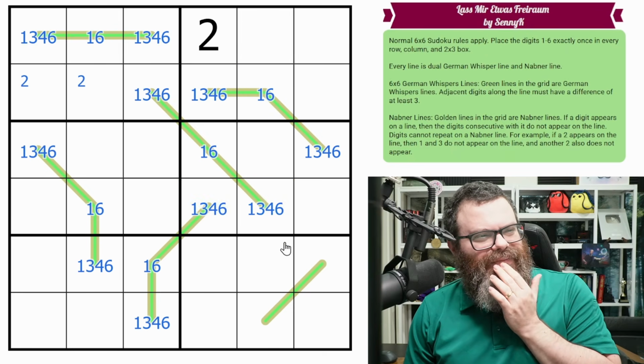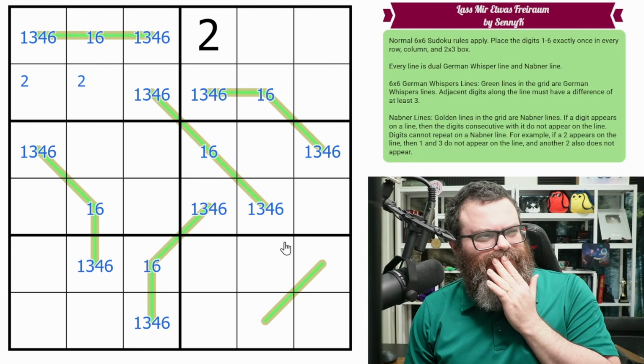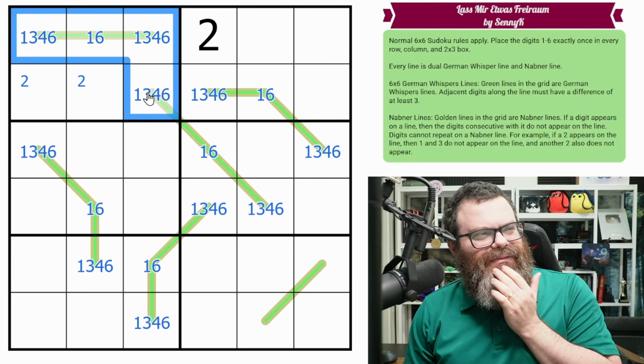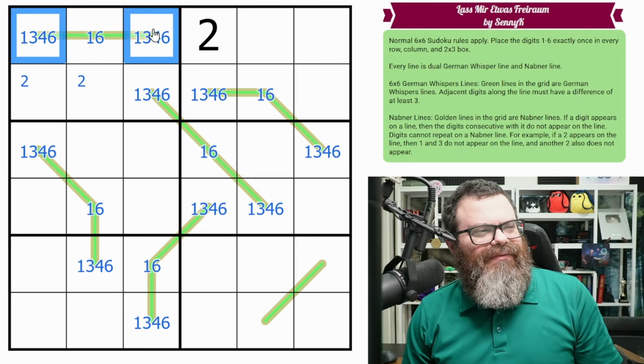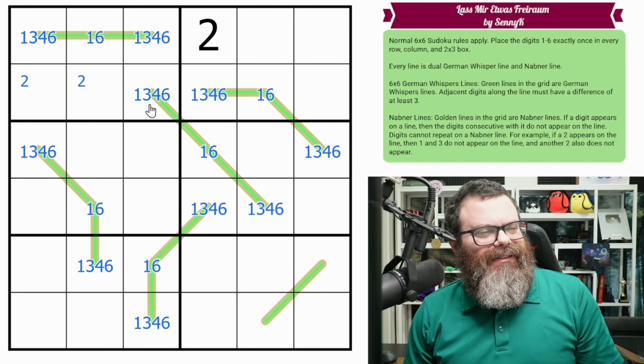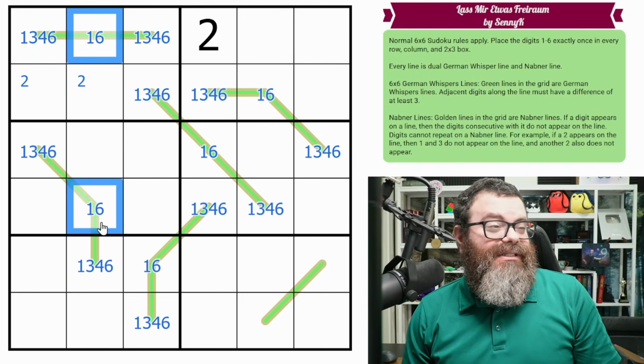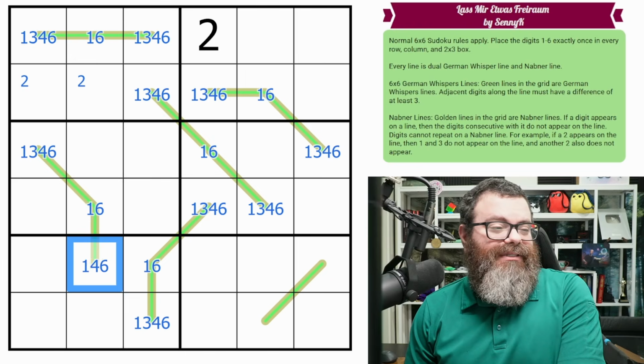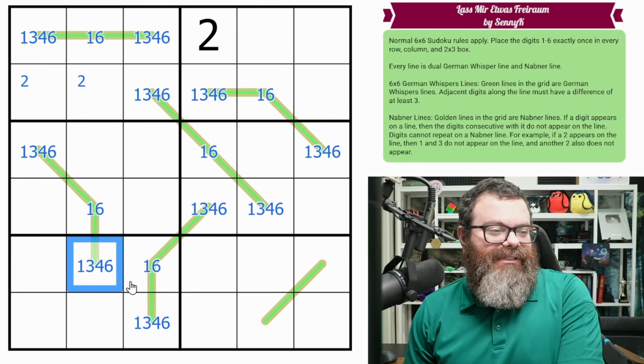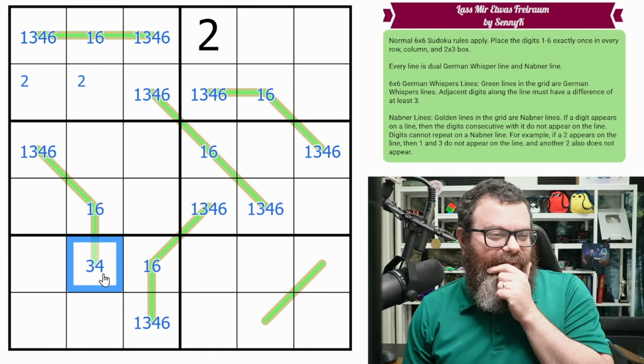All right, well, what can we do then? This box, whatever this is, there's 2 of. This is a 1, 6 pair. We could use that. So this is not, oops, this is not 1, 6. It's a 3 or 4.